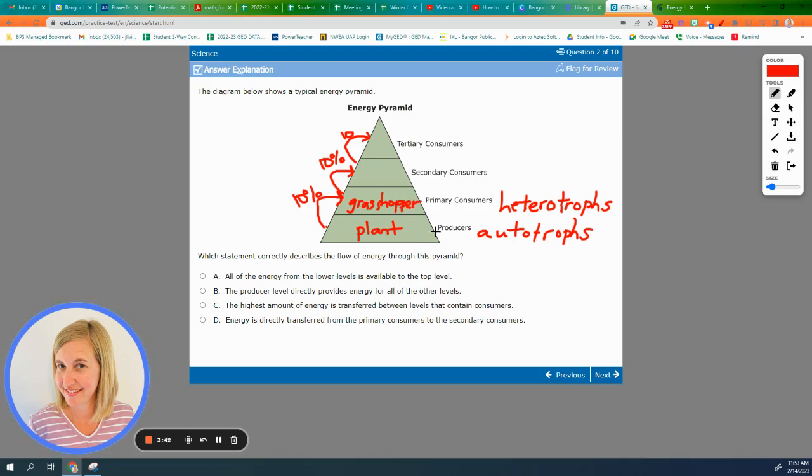So a secondary consumer might be a frog that eats a grasshopper. Oops, let's make that look a little better. And then finally, a tertiary consumer is something that would eat a frog. So let's say a snake might eat a frog. So we'll put snake up here at the top. Oops, I'm running out of my writing zone there.